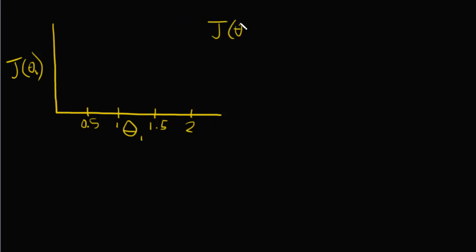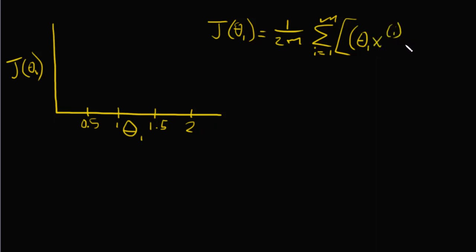Now, what I want to do is evaluate the cost function, where j of theta 1 is equal to 1 over 2m summation i from 1 to m of my new expression for my y hat, which is theta 1 xi, minus the actual y value, yi, quantity squared.